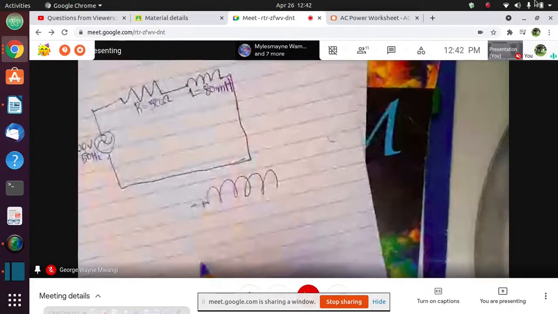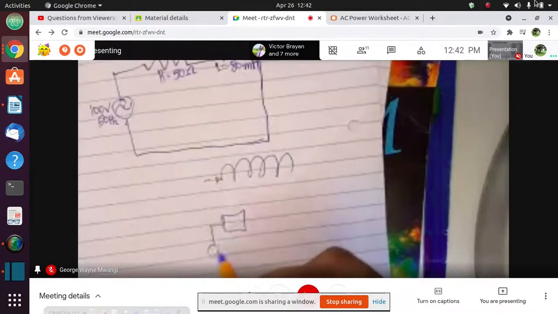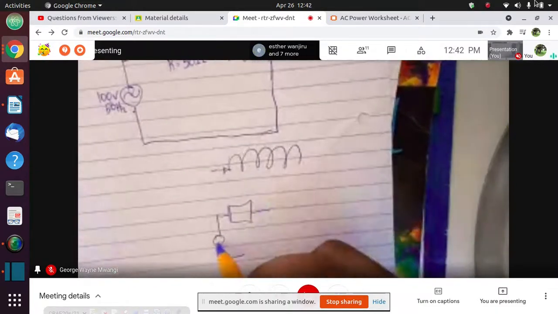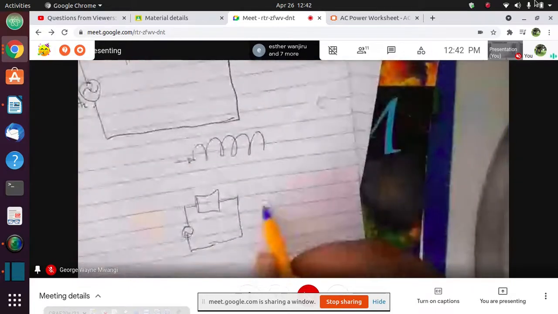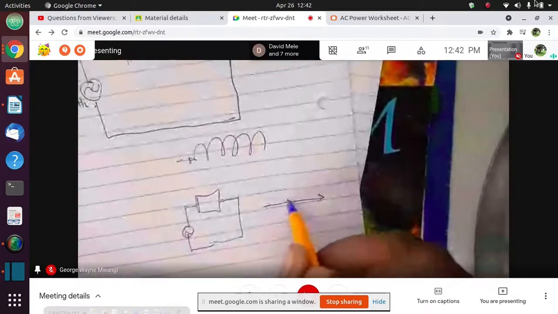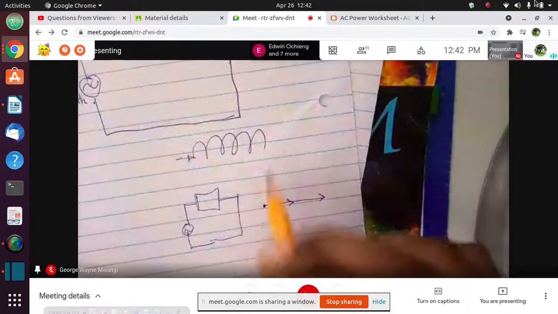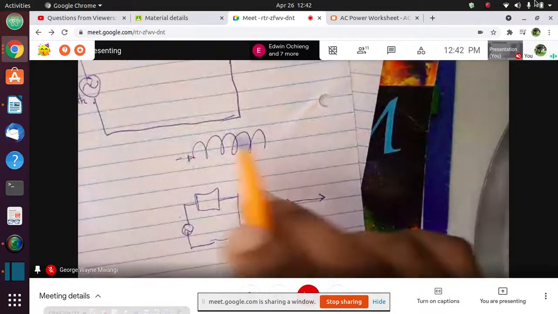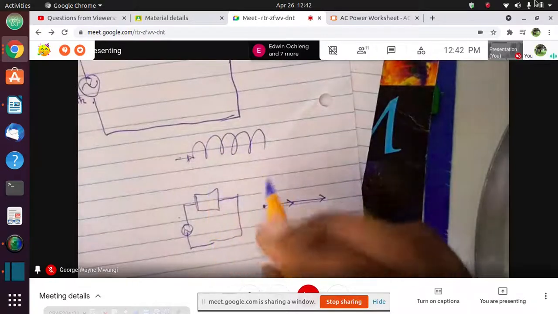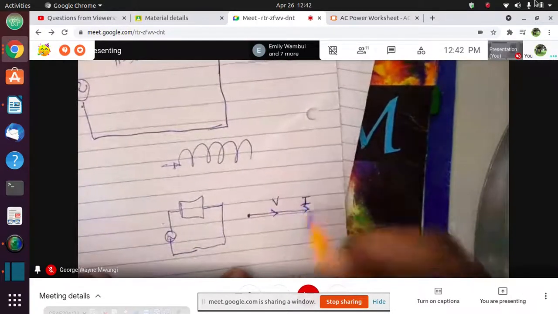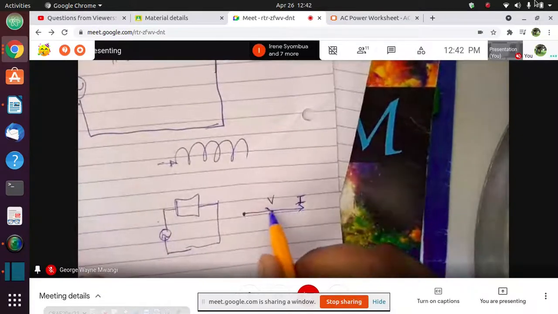For example, if it is a totally resistive circuit, where only a resistor has been connected to an AC source, and you draw this in terms of a phasor diagram, the one we were talking about, where you have a vector rotating around a fixed axis, you'll find that voltage and current are in phase.